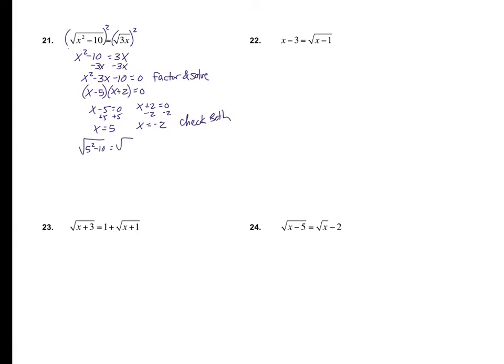Square root of 5 squared minus 10 equals the square root of 5 times 3, I'm sorry. 25 minus 10 is the square root of 15, and 5 times 3 is the square root of 15, so both of those equal each other. That checks out. Now we're going to plug in negative 2 to make sure that works.